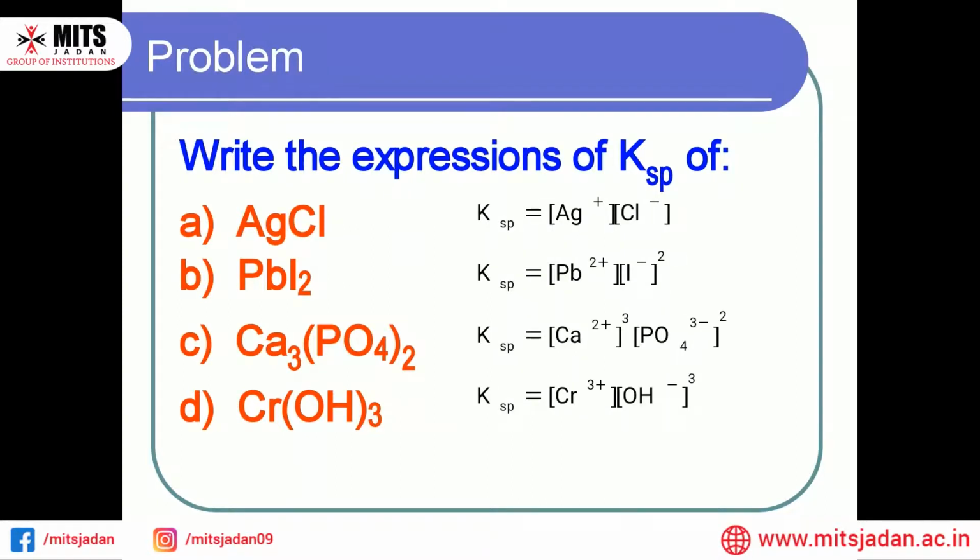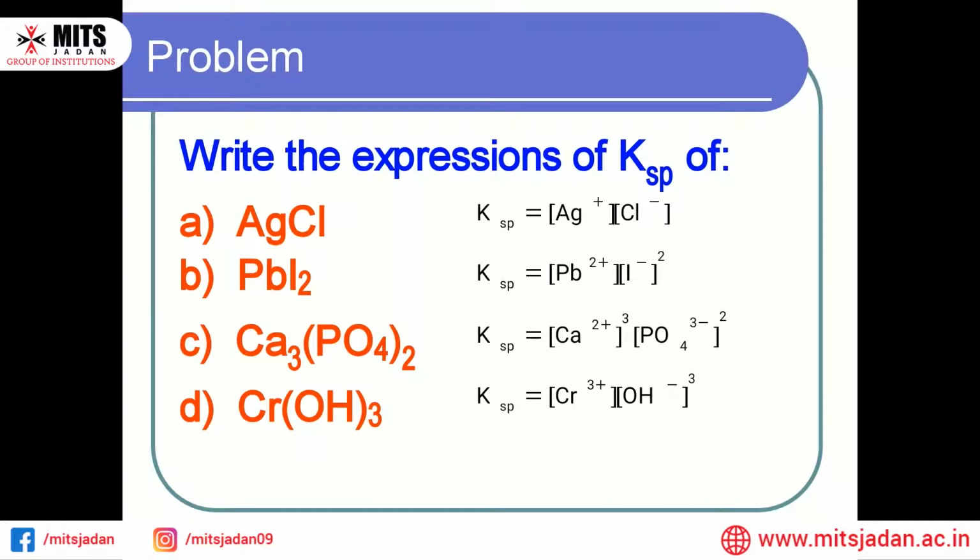In case of lead iodide, it dissociates to give one lead ion and two iodide ions, and the value of KSP is given here. For calcium phosphate, it dissociates to give 3 calcium ions and 2 phosphate ions, so the value of KSP is the product of the cube of the calcium ion concentration and the square of the concentration of the phosphate ion.